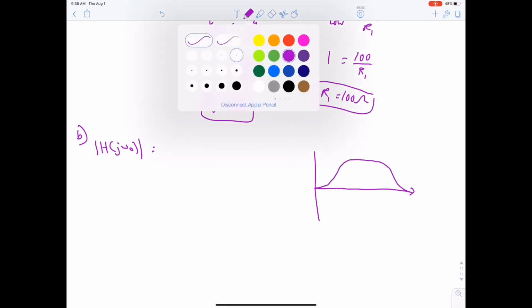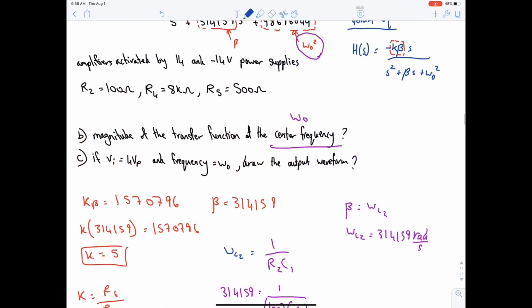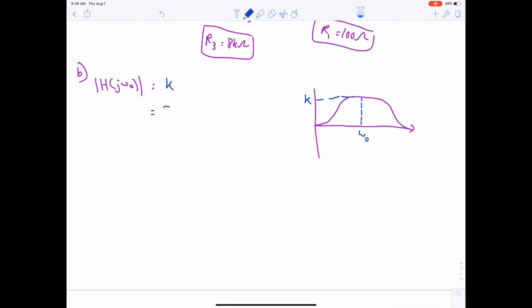Where's omega naught? It's in the middle. What's the magnitude? It's K, right? It's the maximum. And what is K? K is 5. It's a tricky question, and it's very simple, by the way. So the answer is only 5.